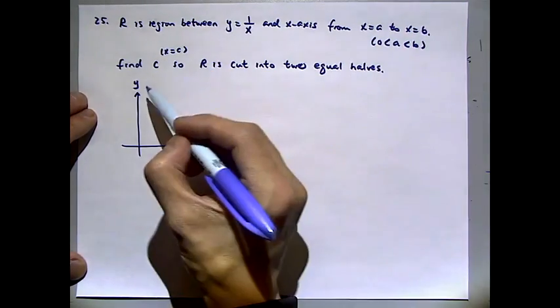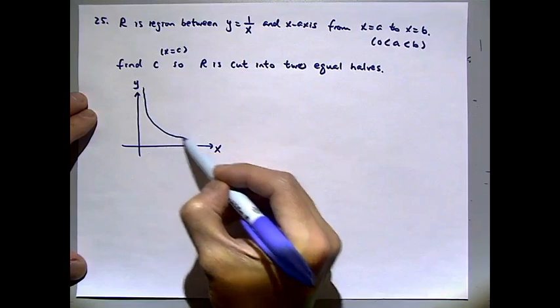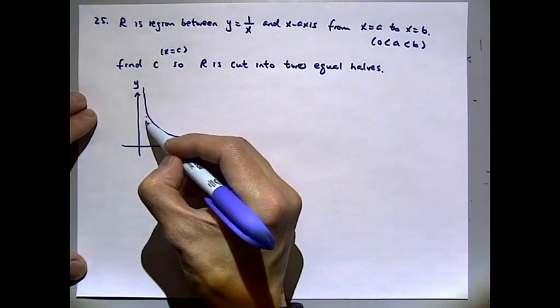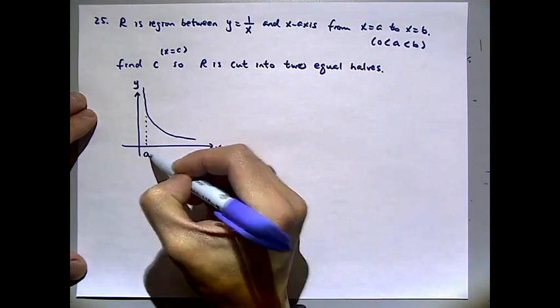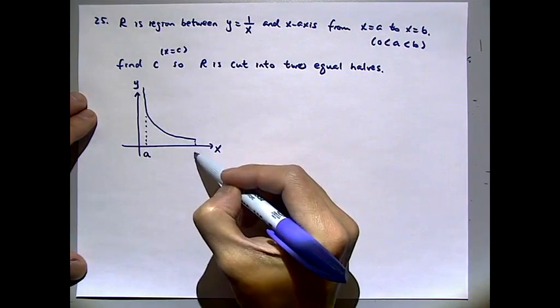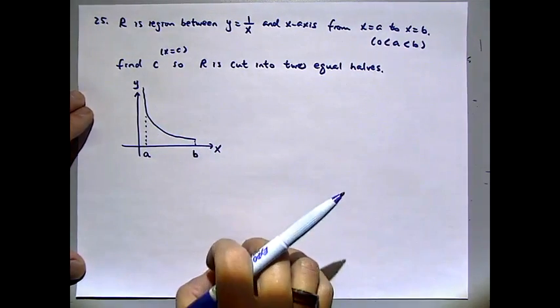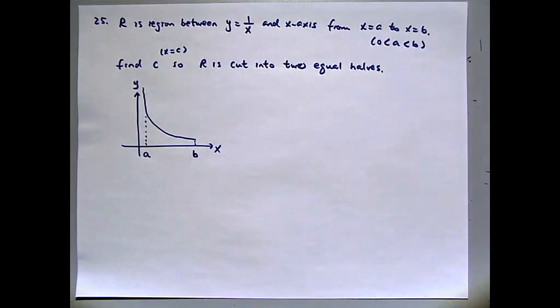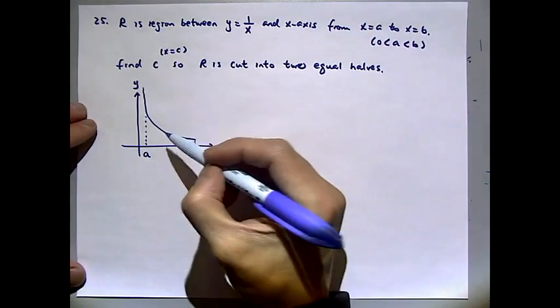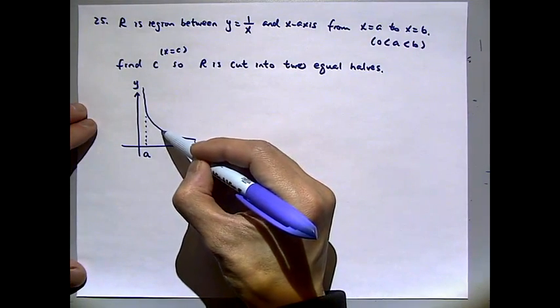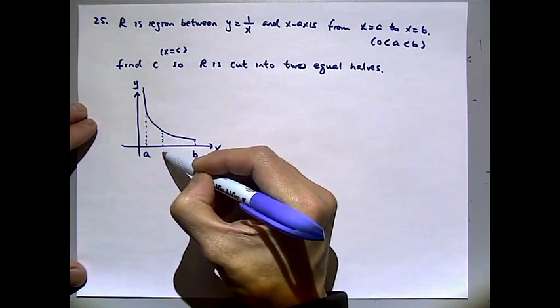So let me sketch this out. Here's R, 1 over x. Let's say this is a. Let's say this is b. Okay? And by eyeballing that, it looks like c is probably somewhere over here.